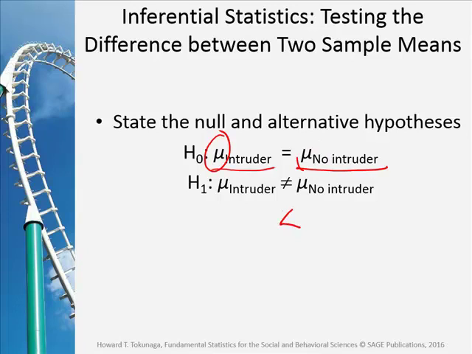That's less than and that's greater than. So what kind of theory would it be that the intruder time is less than the no intruder time? What are you saying about human behavior? That we're nice and considerate of others, right?